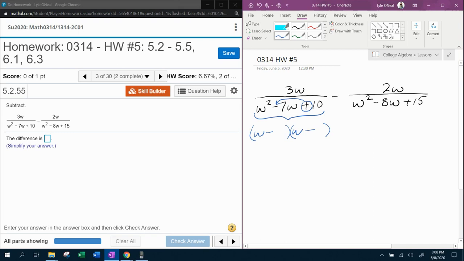W times W makes W squared. And then what about numbers that multiply to make 10 that add and make -7? Well, I'm thinking 5 and 2. 5 times 2 is 10. -5 and -2 make -7. So that's all factored up.